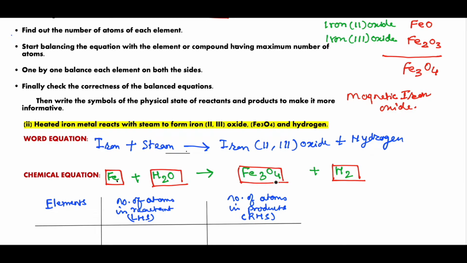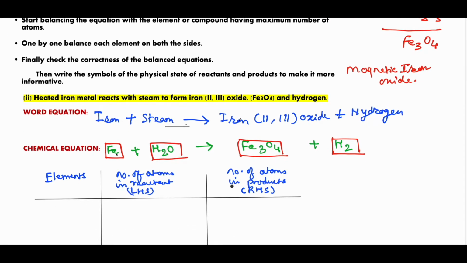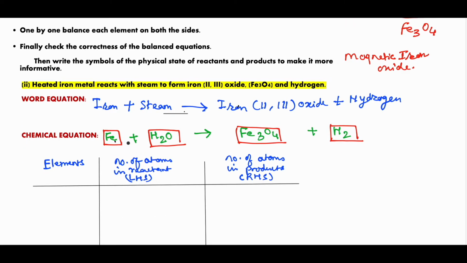So we will start balancing from this, and one by one we will balance each element on both the sides. So let us understand this. Here the elements are iron, Fe, hydrogen, and then the other element is oxygen. So these are the elements present in this chemical reaction.